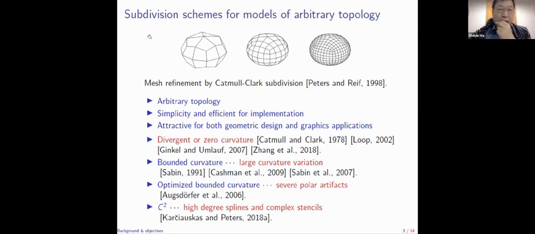What we are talking about is related to subdivision surfaces. So while we have a model of arbitrary topology, there are many advantages for people to use subdivision surfaces. However, in connection with subdivision surfaces, there's a major problem in the region of extraordinary points.